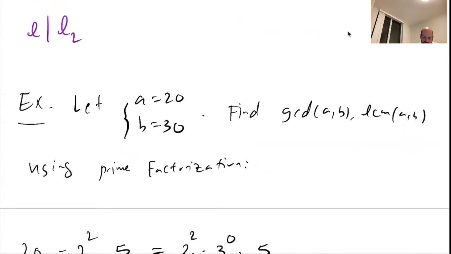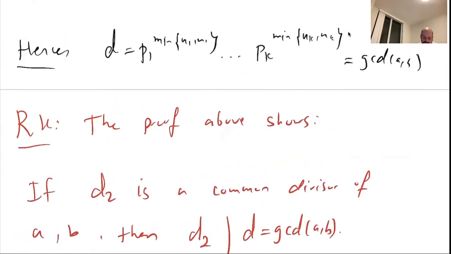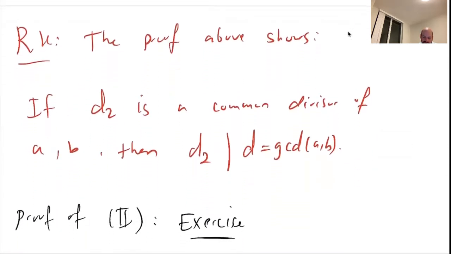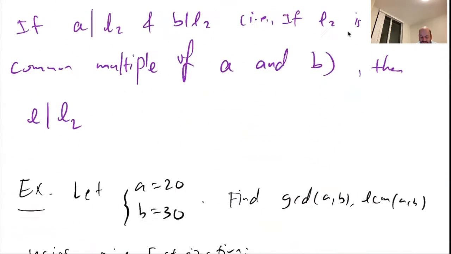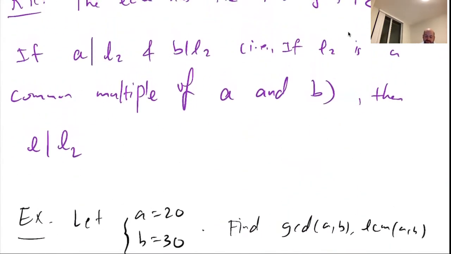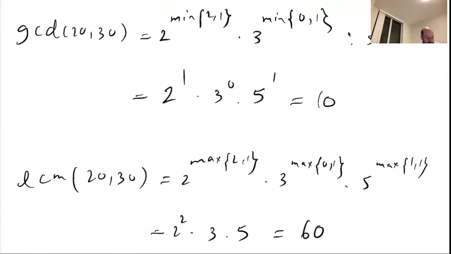Okay, so I also want to give an example of the remarks that we made, for the same example. We saw that the important remarks say that if you have a common divisor, a common divisor is always a factor of GCD. And if you have a common multiple, the least common multiple is always a factor of the common multiple.